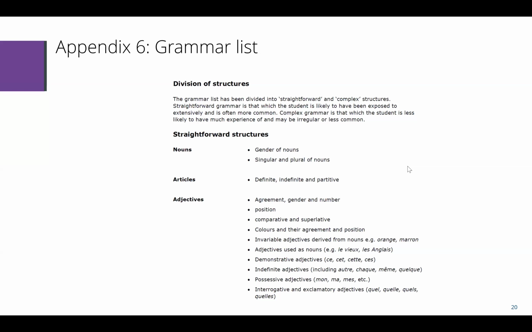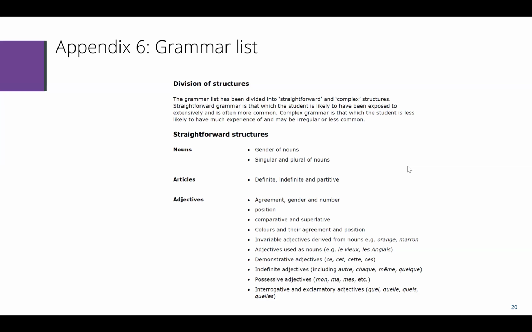It's worthwhile sharing with your students. It's on page 60 of the specification. I know it's quite difficult to go that far back, but it's useful to have a look at what you have in the specification.